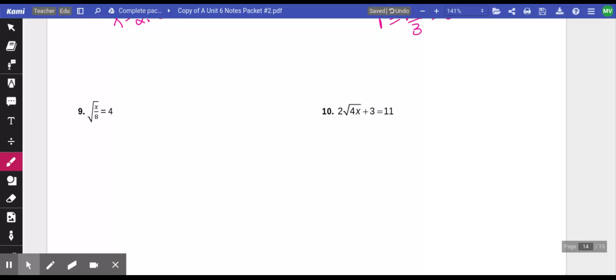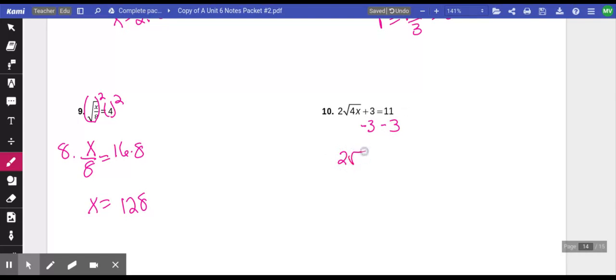Number 9, while it's a fraction, it's still underneath the radical. So I'm going to square both sides, and that gives me x over 8 equals 16. I then multiply both sides by 8, and x equals 128. Number 10, I'm going to start by subtracting 3.